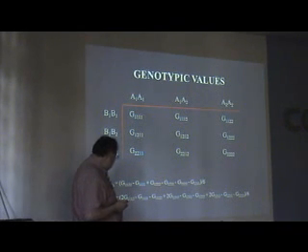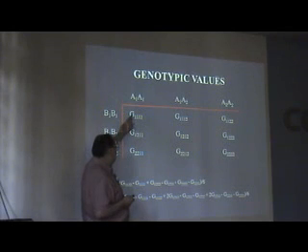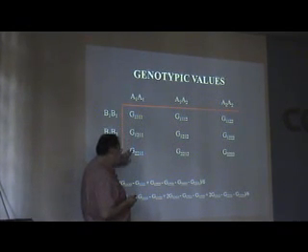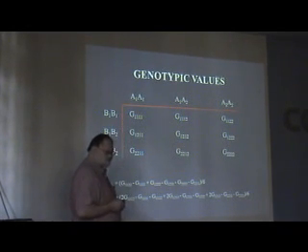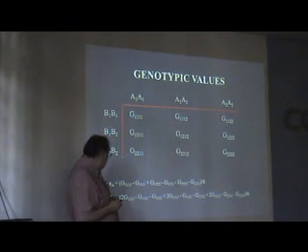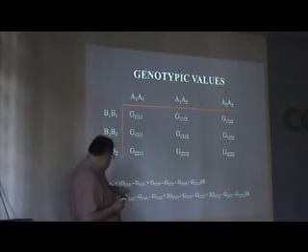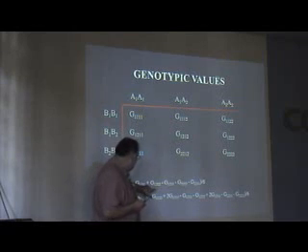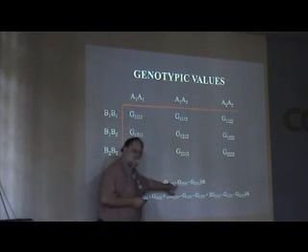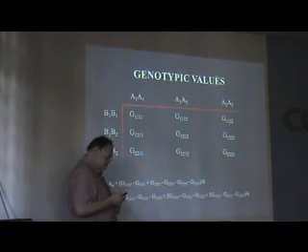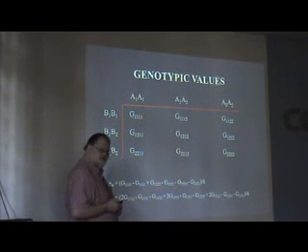Likewise, the dominance genotypic value is going to be the average of the three dominance genotypic values, one for each row. The G222 in the first equation should be a plus, right? There, yes, that should be a plus. The 2222 should be a plus.